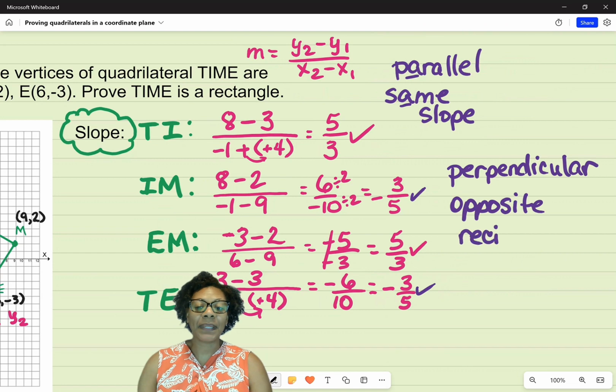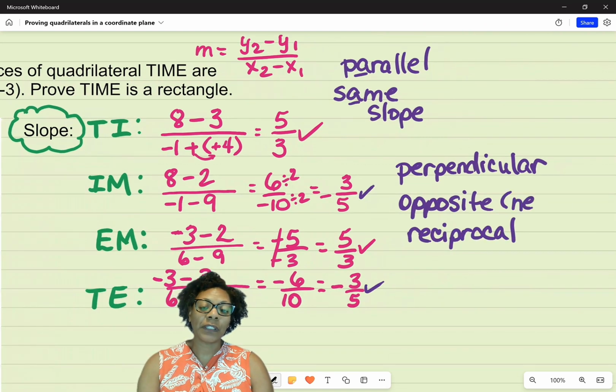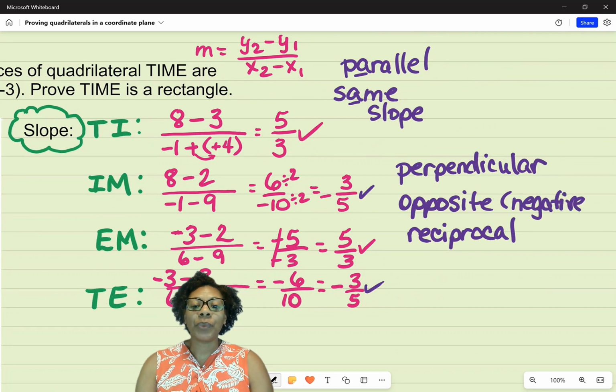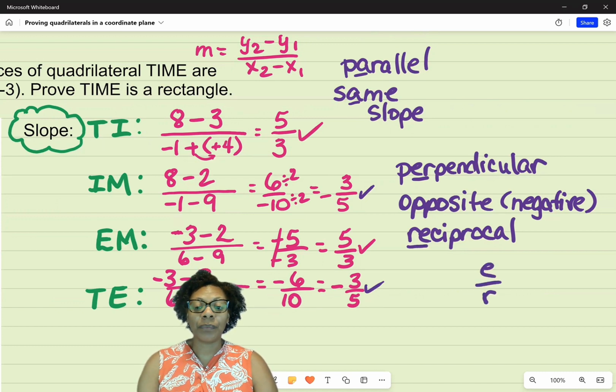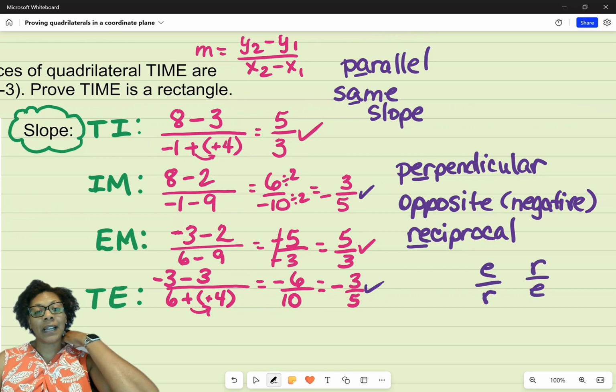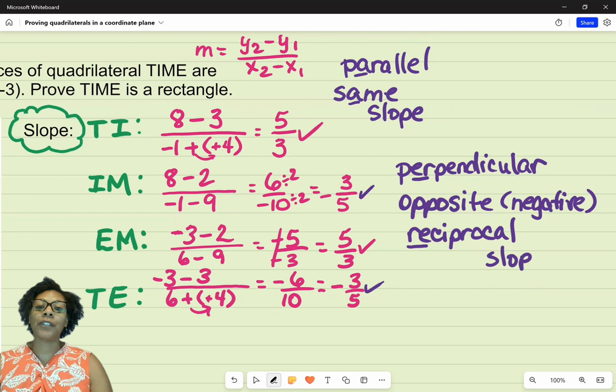What happens if they're opposite or negative reciprocal is that you will see that the numerator and the denominator will flip, and the sign in front will change. So the opposite sides are parallel and the consecutive sides are perpendicular.